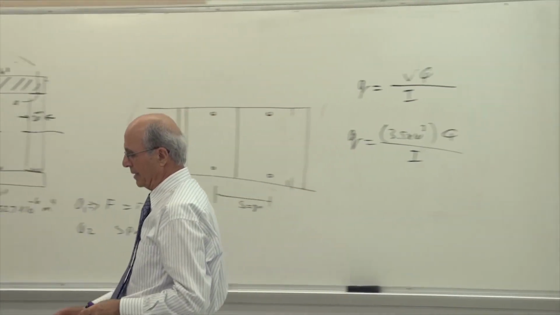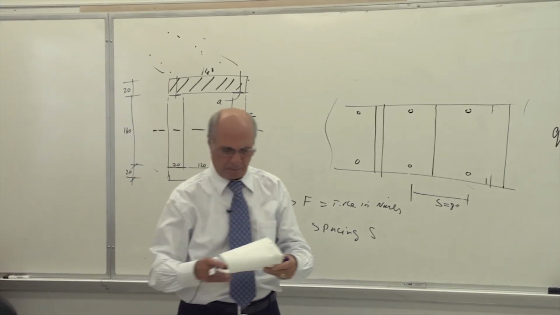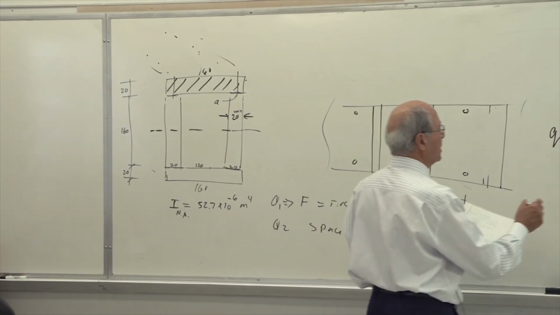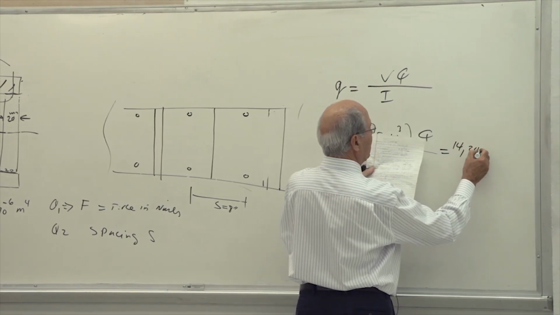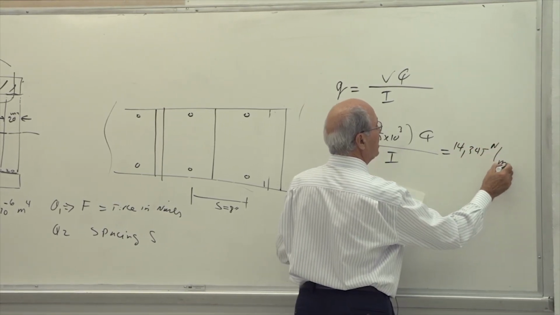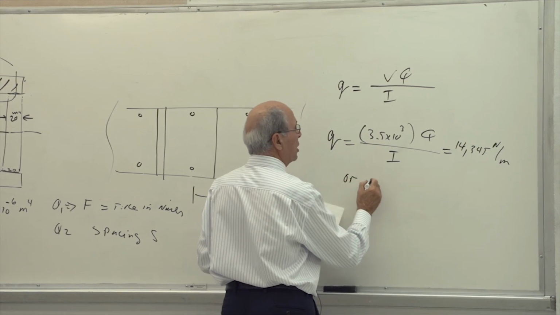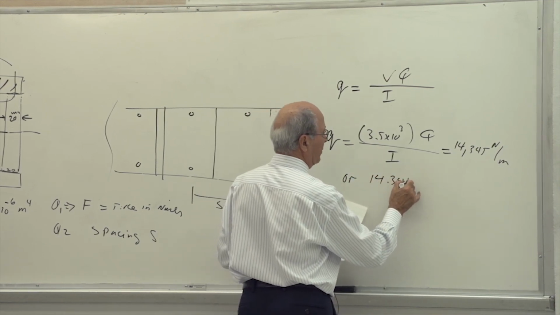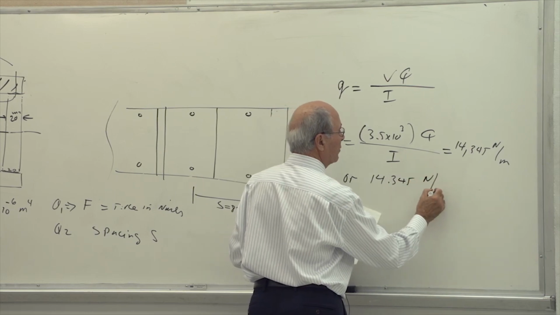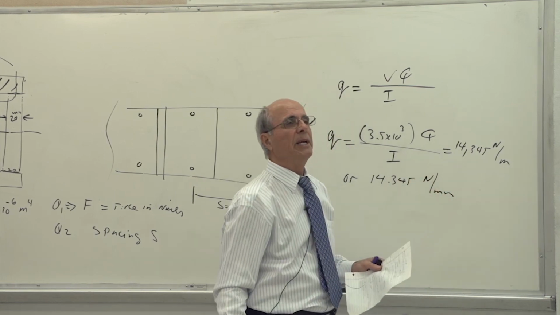For our problem, that ends up to be equal to, write it down, 14,345 Newton per meter, or become 14.345, which is Newton per what? Per millimeter.